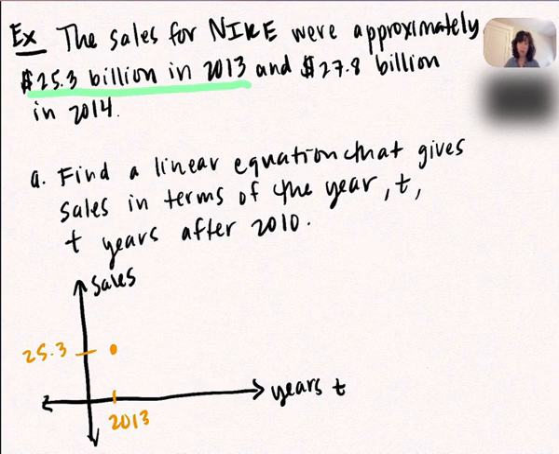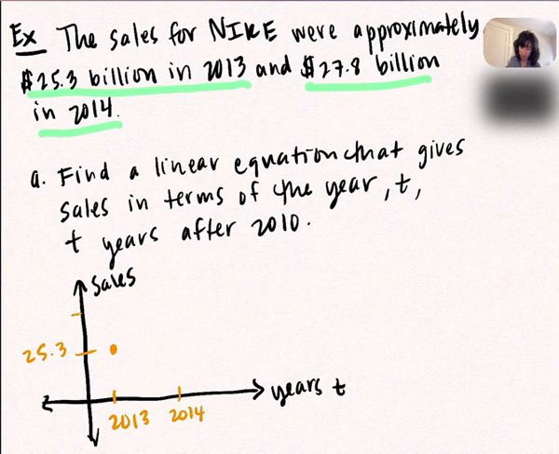We're also told that the sales are 27.8 billion in 2014. So I can also plot a point at 2014, 27.8, like that.